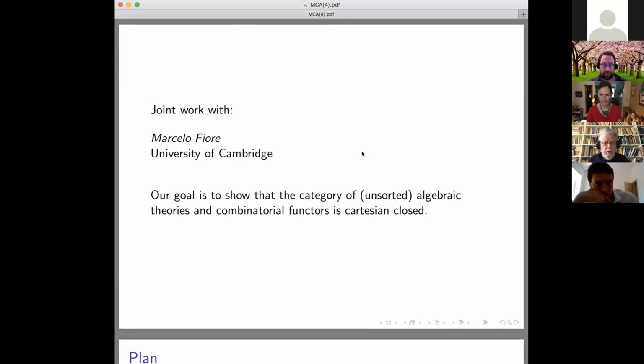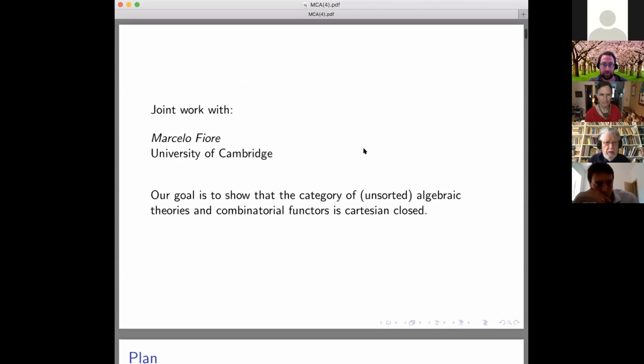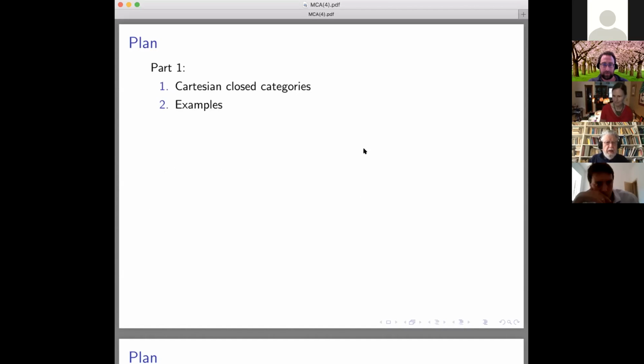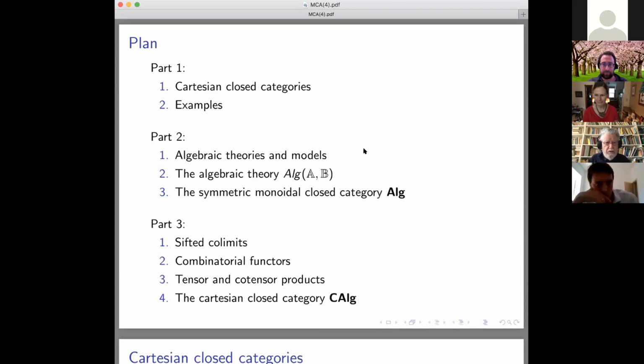Okay, so I have three parts. First, I recall what a Cartesian closed category is, and in the second part I will recall the classical theory of algebraic theories and models, etc. And also recall that the category of algebraic theories is actually symmetric monoidal closed.